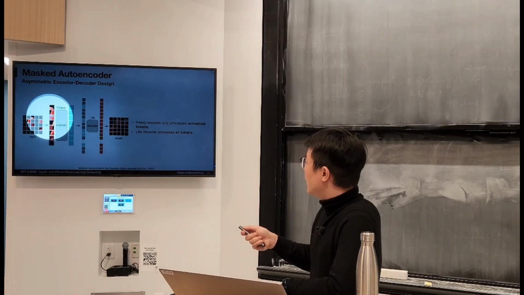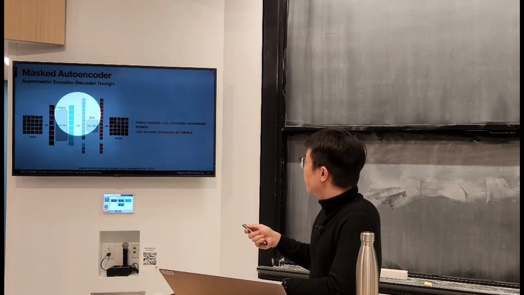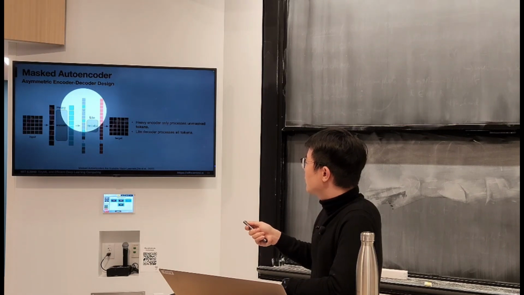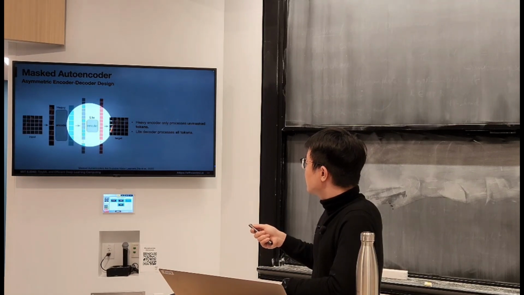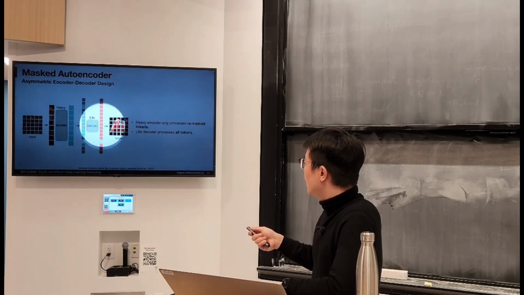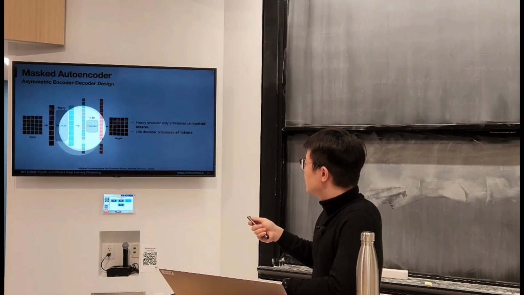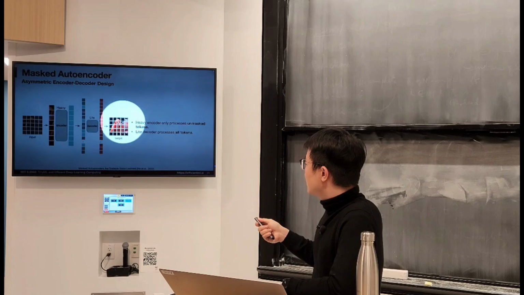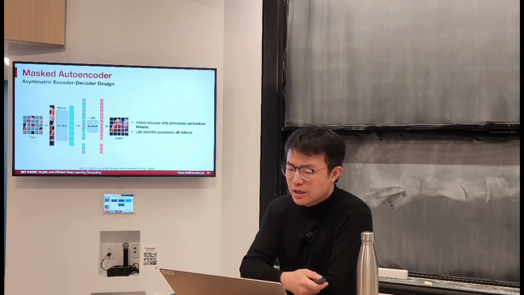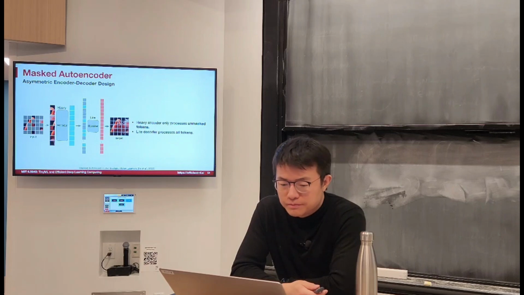So we pass these unmasked tokens through a heavy encoder, and then we feed that together with the mask. Here the gray part means those tokens are masked. We pass that through a light decoder, and we decode all the output tokens. So here it's 25 from 8. And we reassemble them in the raster order and try to recover the original image.